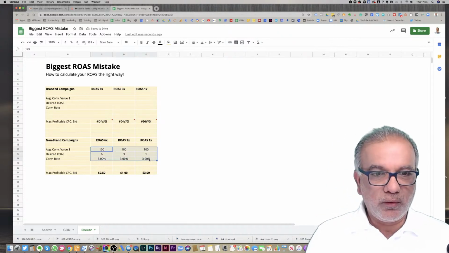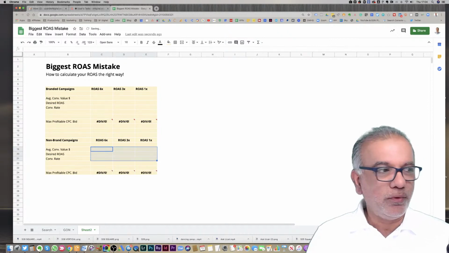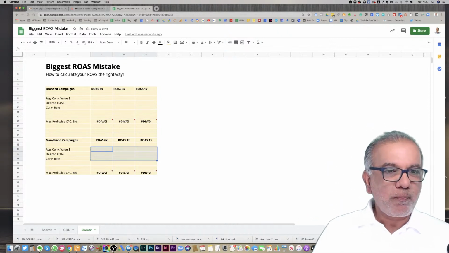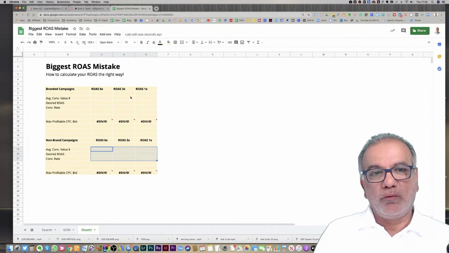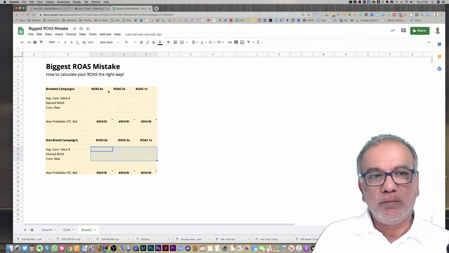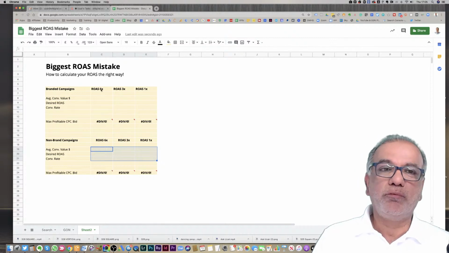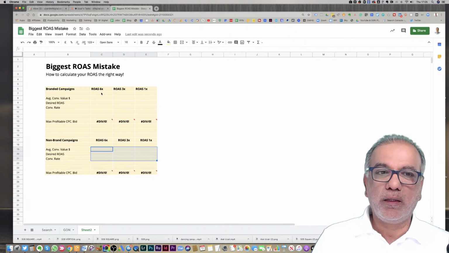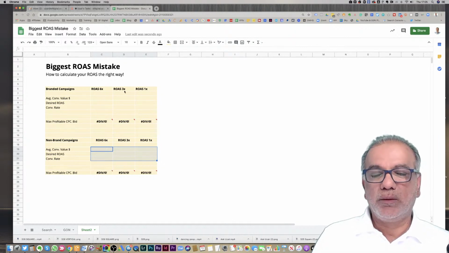So I'm going to delete all of these so as not to confuse you guys. All right. So we've got three columns: ROAS, 6x or 600% or 6 times. If you spend $1, you get 6 back. 3x, you spend 1, you get 3 back.